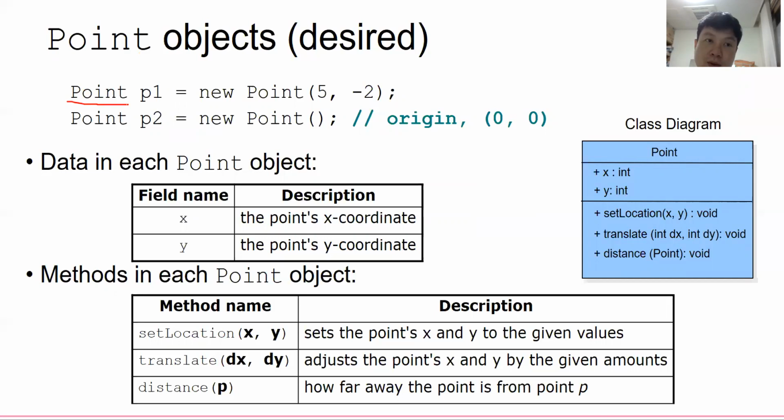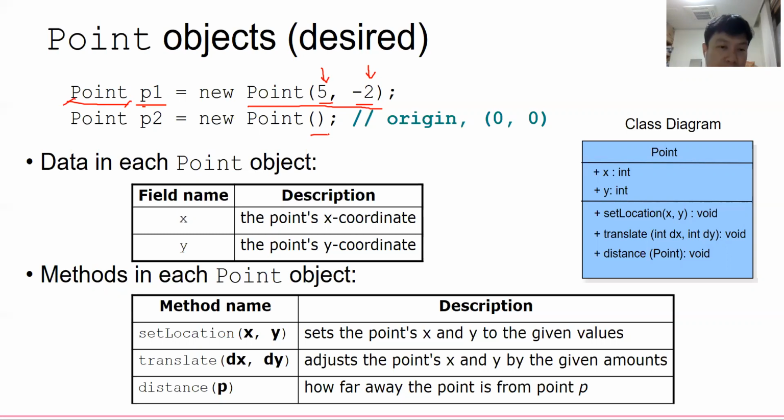I would like to call the point class, and then I just declare any name. Let's say city1, and the name is p1, and for p1 I would like to put x and y as 5 and minus 2. Then this will be the x and this will be the y. If you leave it blank, then it means it is the origin, like 0, 0. How can you make this? Later we will learn how to make this kind of point.